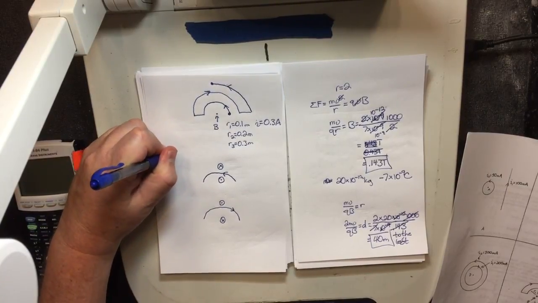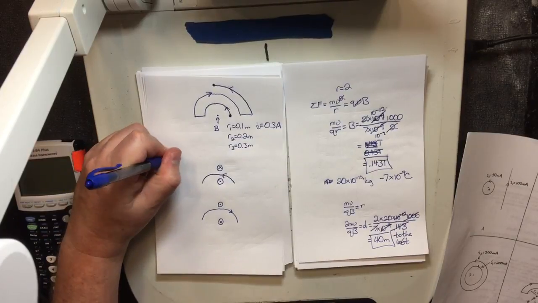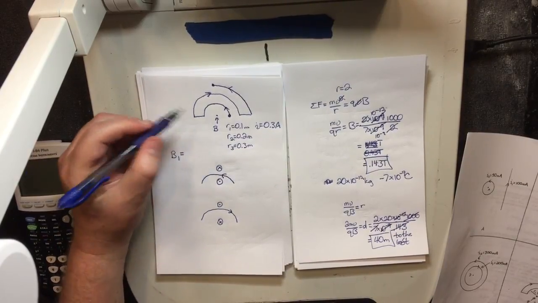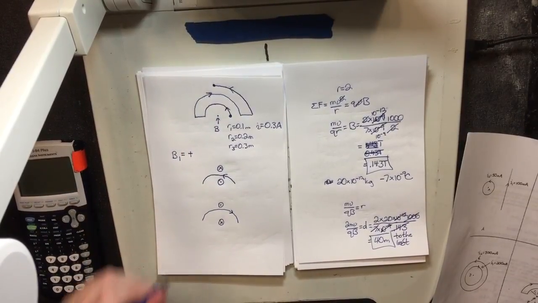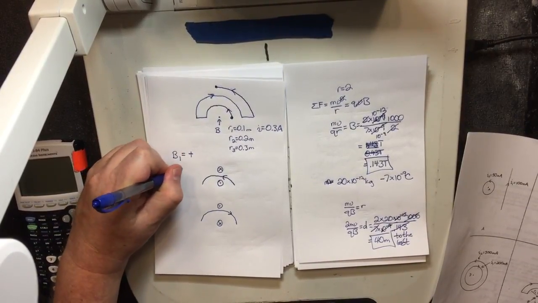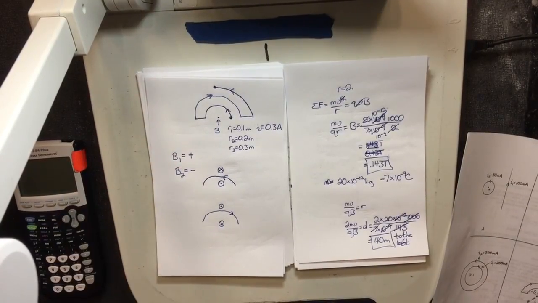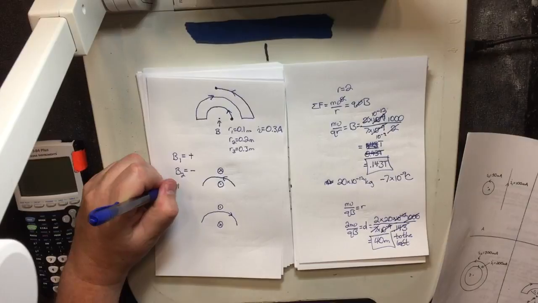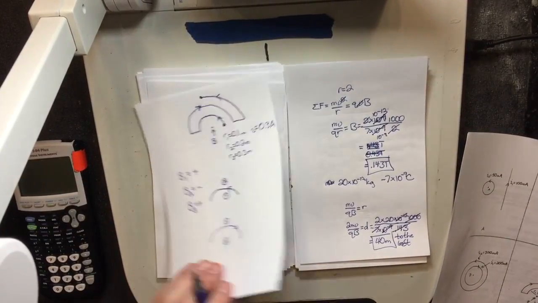So the B field created by 1, since it's counterclockwise, will produce a positive B field. The B field for 2, since it is clockwise, will produce a negative. And the B field for 3 will be positive.